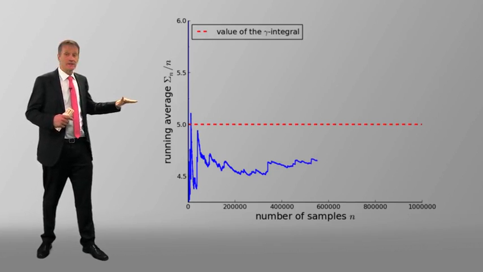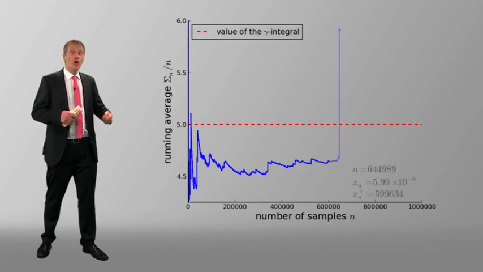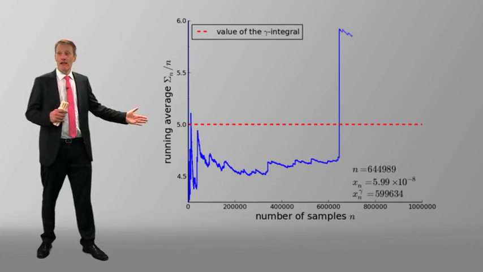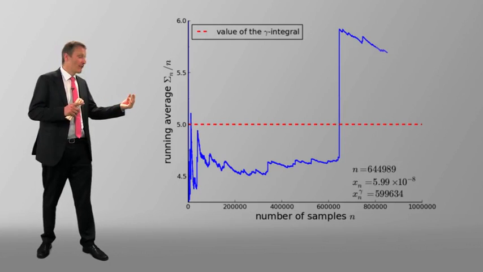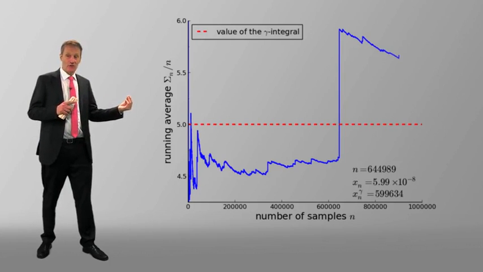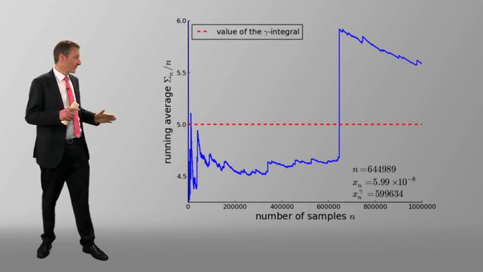And then after hundreds of thousands of trials, all of a sudden we hit an enormous value of x to the gamma. Notice that gamma is negative, so if x is close to 0, the value becomes very large.